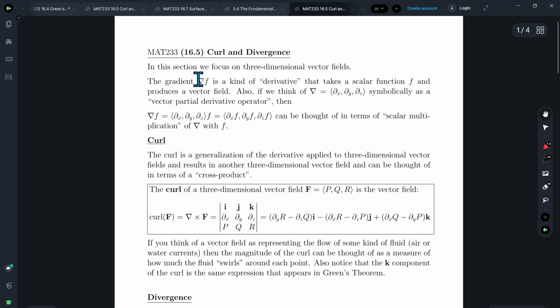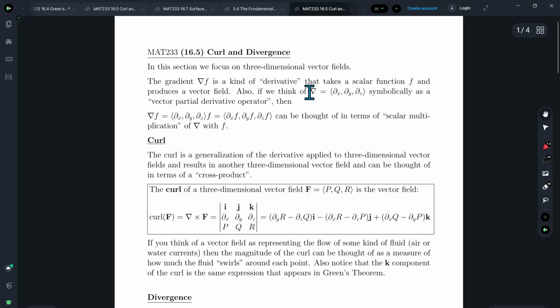So we can think of the gradient as a kind of derivative that takes a scalar function and produces a vector field. And also, in terms of the notation here, we can separate this upside down triangle symbol called del and the scalar function f.